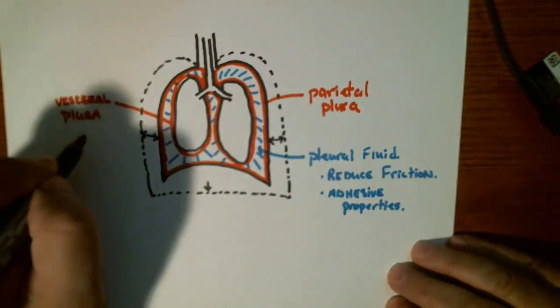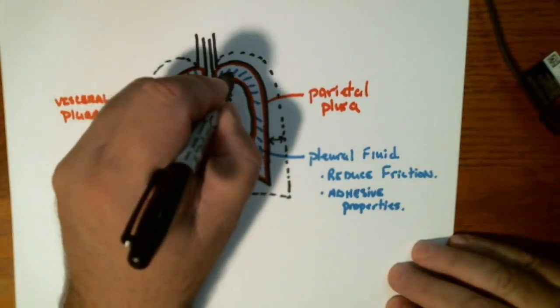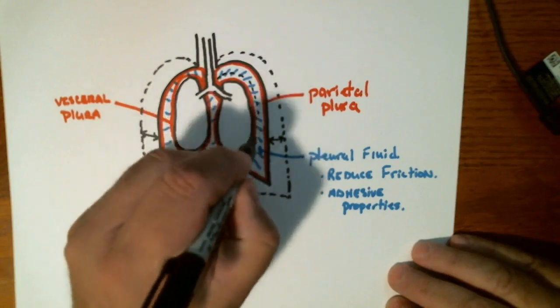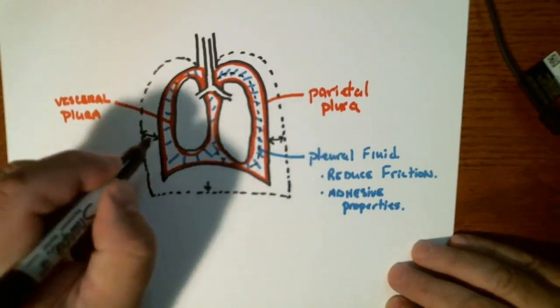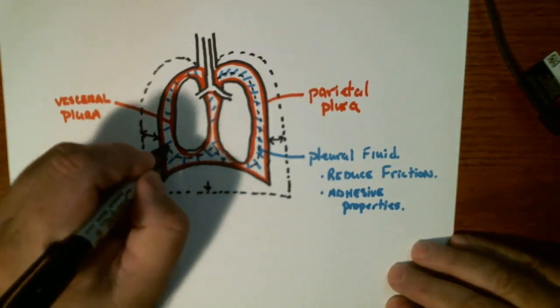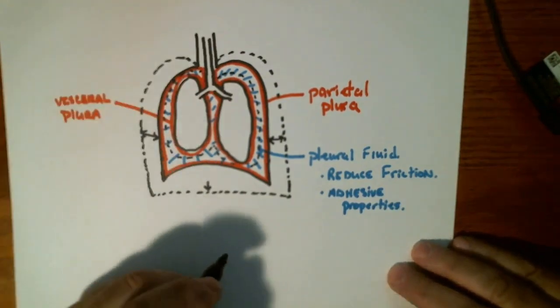That's going to cause the visceral pleura to get stretched, and that's going to pull on the surface of the lungs. And then what's going to happen is, we'll show the dotted lines here, the volume of the lungs then is going to increase as well. So they're going to get bigger.